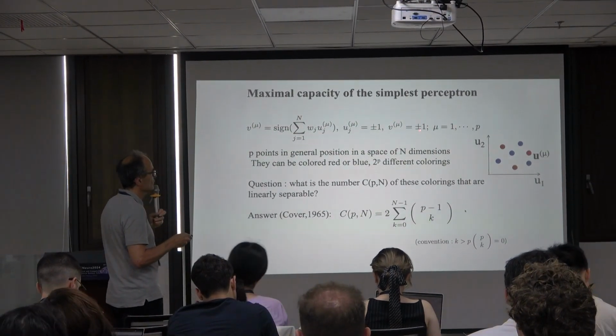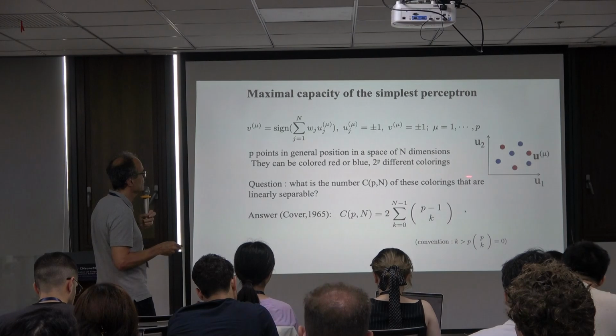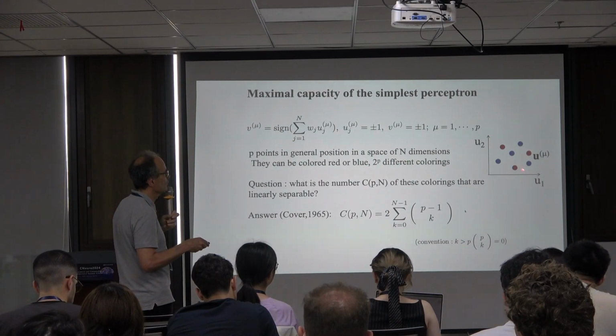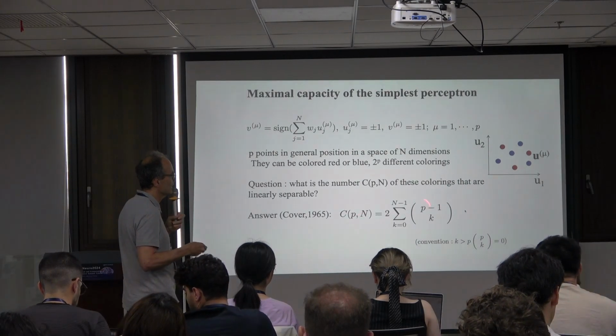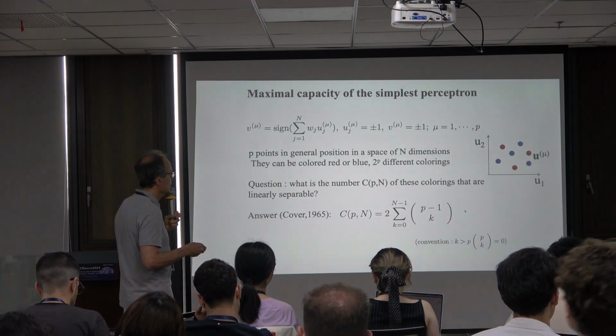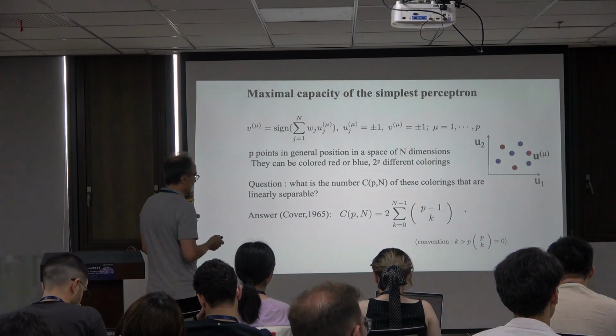Then the solution to this number of colorings was given by Cover a long time ago by a combinatorial argument. So you can write exactly what it is.